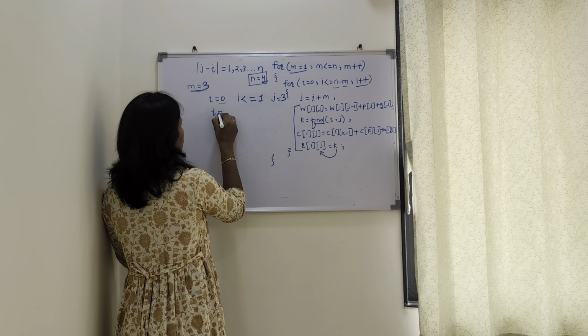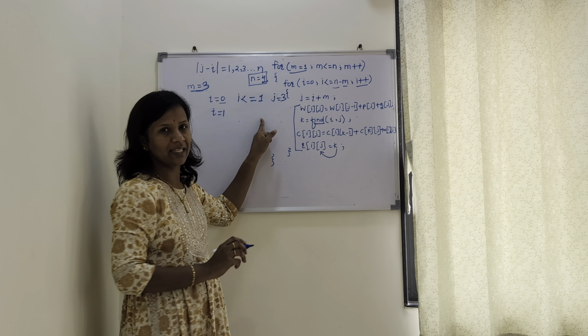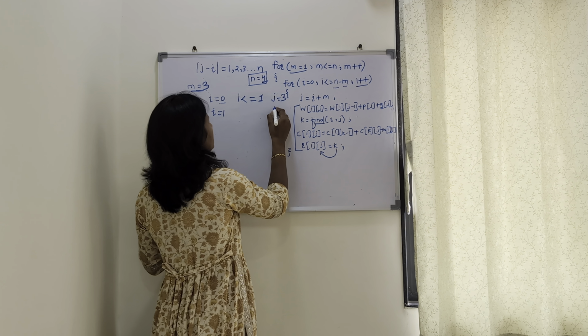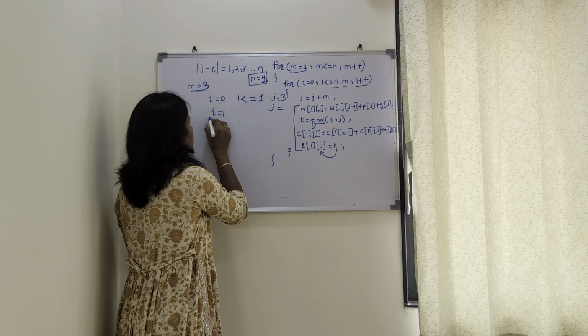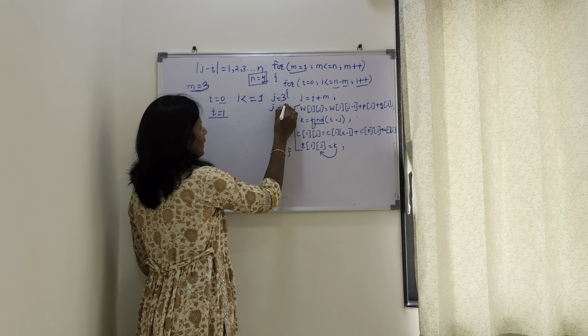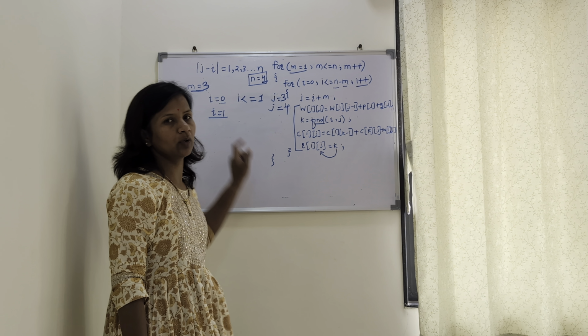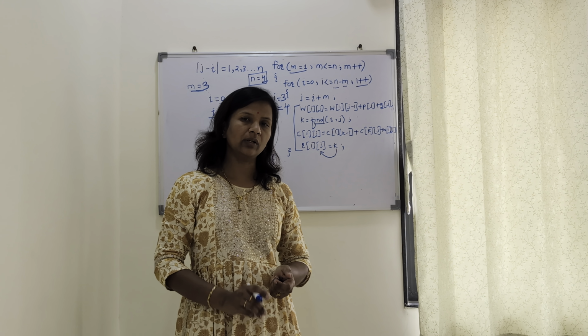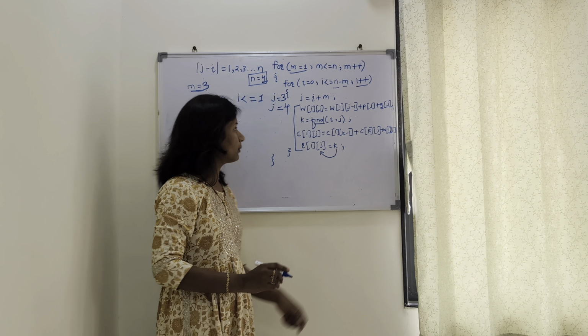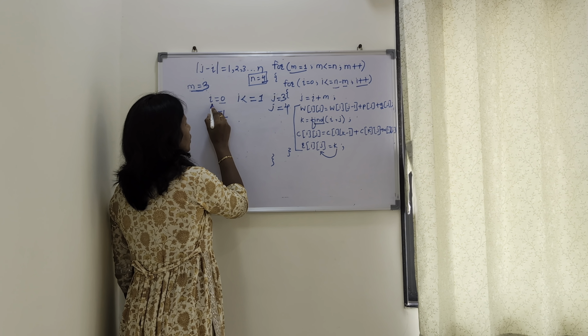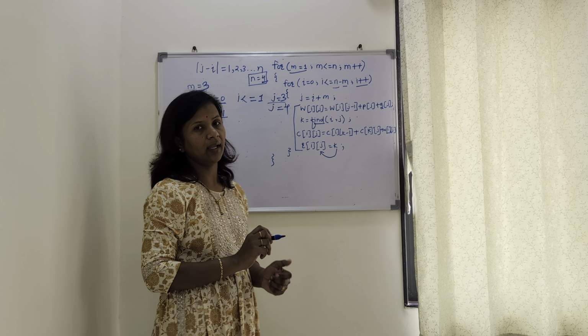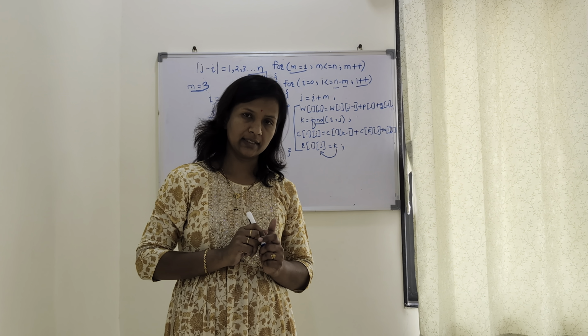Okay, i is equal to 1. 1 less than or equal to 1. Yes, it is. So j will be again set to i plus m, that is 4. Again i will be incremented by 1. i will become 2, but 2 less than or equal to 1 becomes false and it will come outside the loop. Right? So here we have found the pairs of i and j for which the absolute difference is 3.